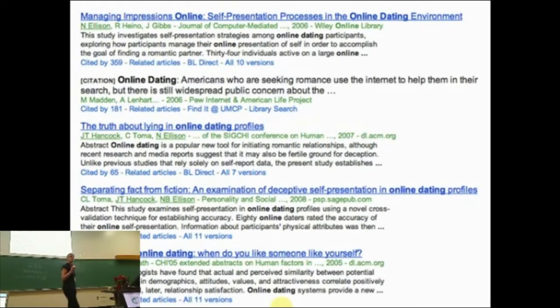They are in a deep conversation with the algorithms, not necessarily the people they're hoping to date. They are in a deep conversation with a set of algorithms that will represent them through algorithmic match to other people.